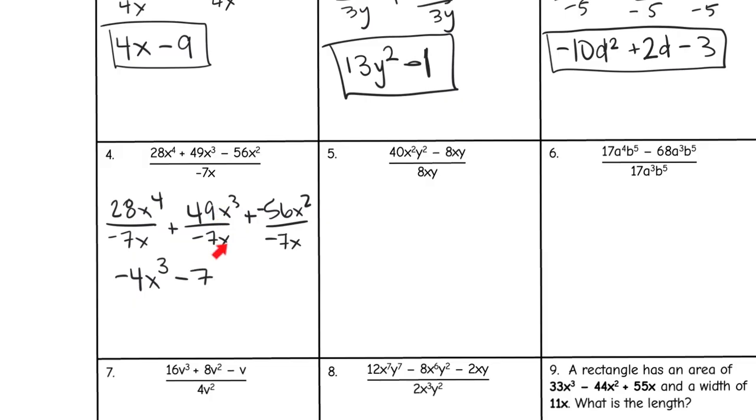And x to the third divided by x, that's a 3 minus 1, gives me x squared. And last of all, negative 56 divided by negative 7, that's positive 8. And x squared divided by x, that's going to be a 2 minus 1, which will give me x to the 1, which is just x.